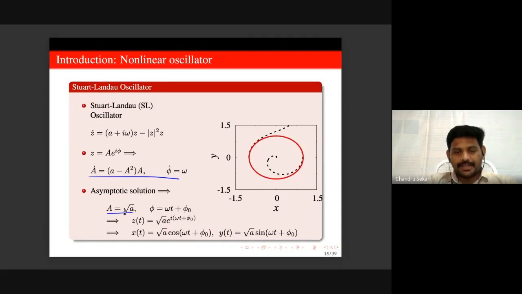Substituting this A and phi into the z equation, we get the solution in terms of z. Writing the solution in Cartesian form, we get x of t equal to square root of a cos(omega t plus phi naught) and y of t equal to square root of a sin(omega t plus phi naught).